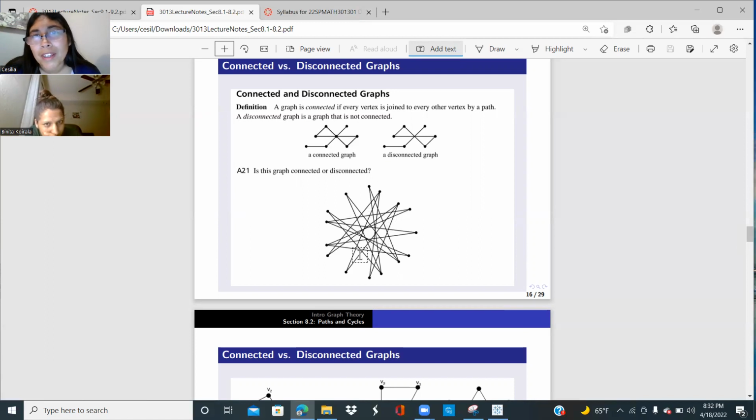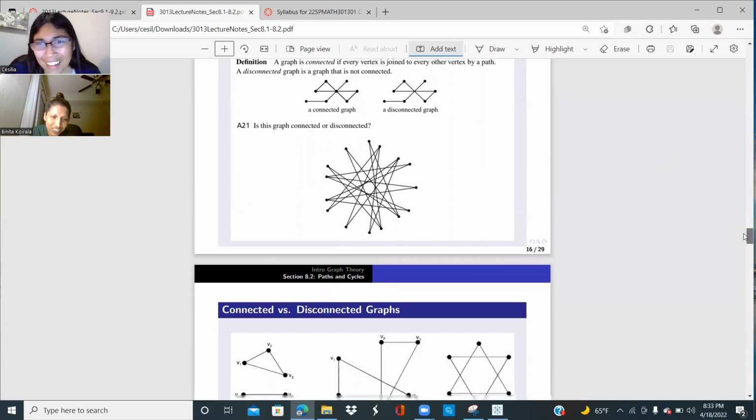So for a graph to be connected, it has to be joined to every other vertex by a path. So these are crossing each other's paths, but they're not connected. That means disconnected, right? That's the way it looks to me. Because this one says it's disconnected, and this one passes through, and it looks so much like this one, so it has to be disconnected. Okay, let's go to the other side.